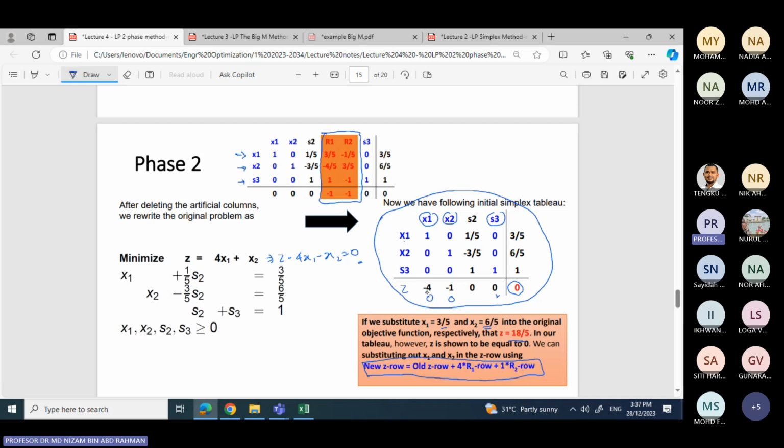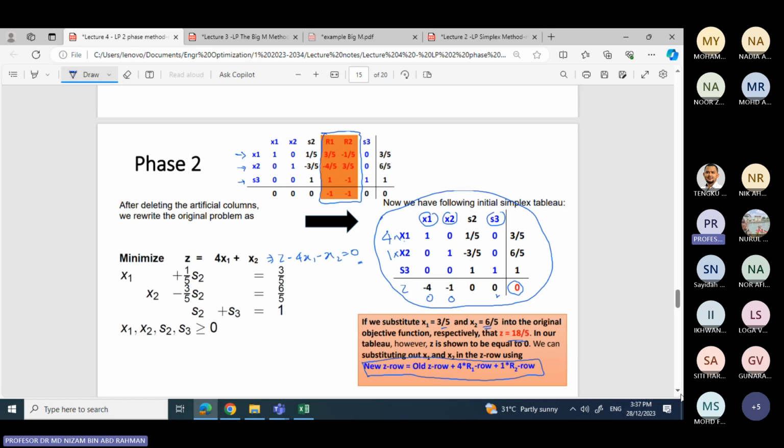Because we want to eliminate this -4, so we multiply by 4 here, which becomes 4, 0, 4 over 5, and then 12 over 5. And for x2 here, we want to eliminate this -1, so we multiply by 1 here.